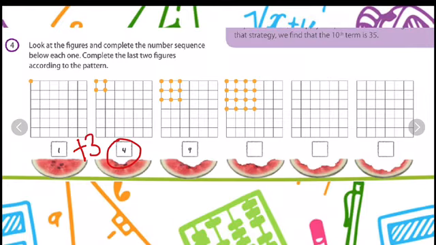But this odd number 3 will be increased by 2.